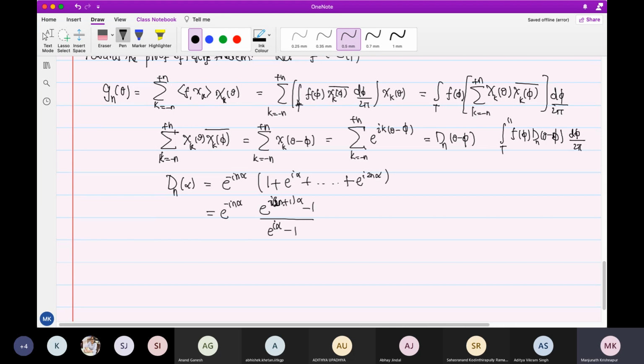Let's pull out e to the i (n plus half) alpha from the numerator. I have pulled out n plus half, so what remains is e to the minus i (n plus half) alpha.